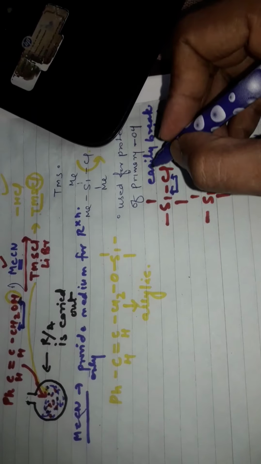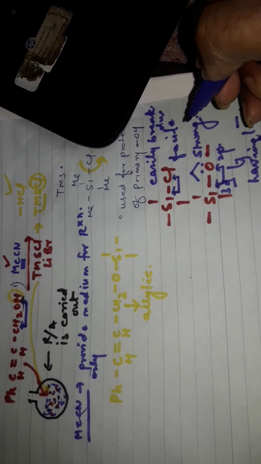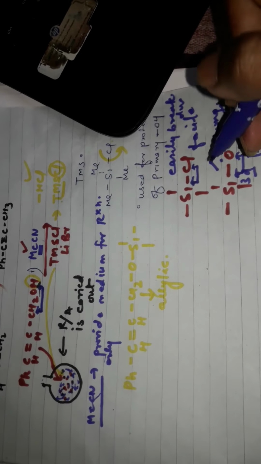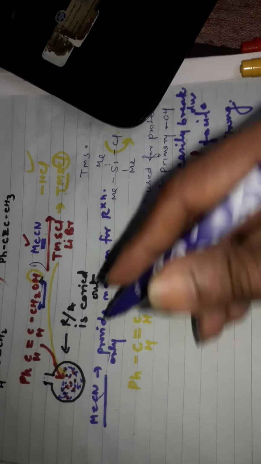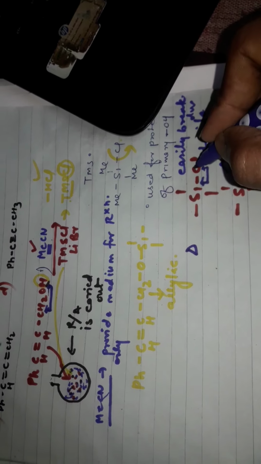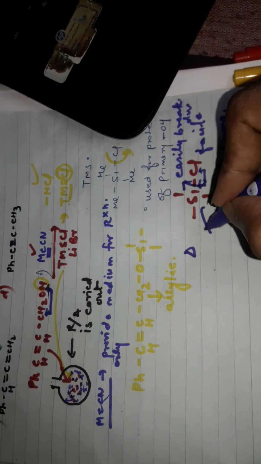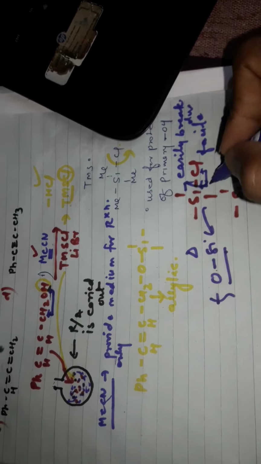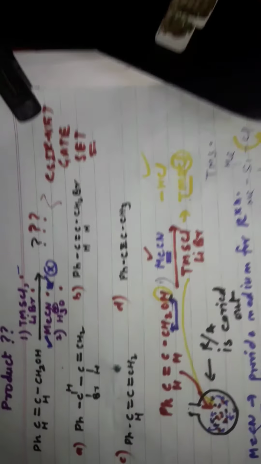It is the common concept here: because TMS is added in the reaction medium and some heat is provided, this bond will break down and form the Si-O bond. So it is the basic chemistry of this molecule.